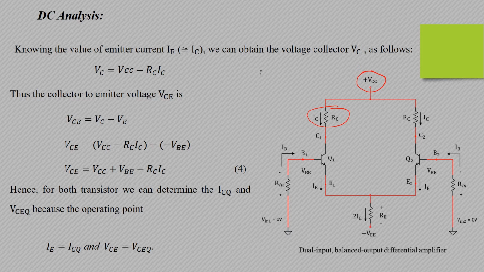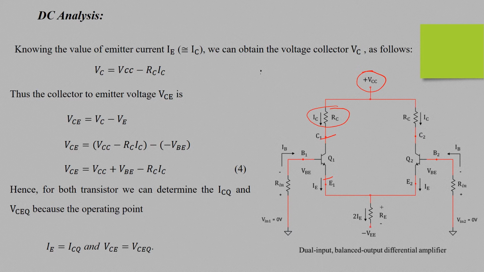Thus the collector to emitter voltage VCE is VC minus VE. So VCE becomes VCC minus RC IC minus of minus VBE. So VCE becomes VCC plus VBE minus RC IC.